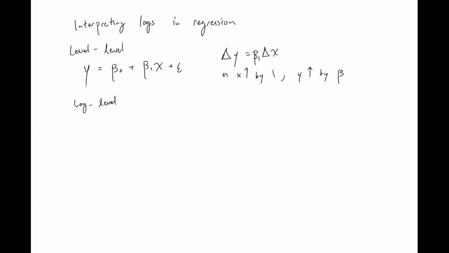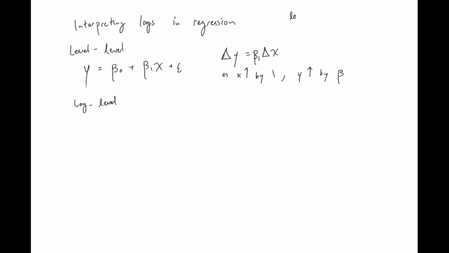So the next example, oh, and I should mention that when I'm talking about logs in these regressions, I'm always kind of referring to natural log and not the log base 10.